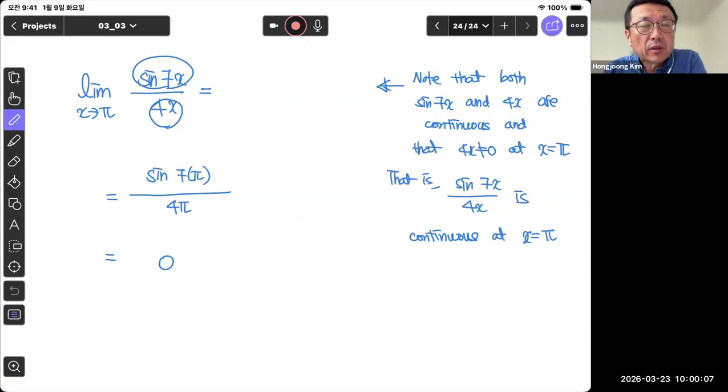And so in this case, for the limit of this expression as x goes to pi, you just use the fact that the given function is continuous. So when you apply a mathematical formula, you need to check whether the conditions considered in that formula are all satisfied.